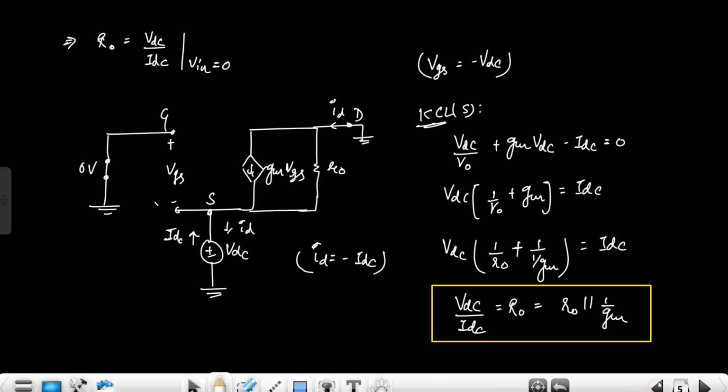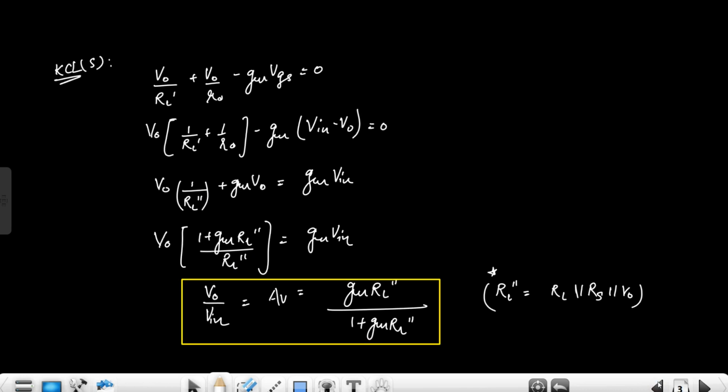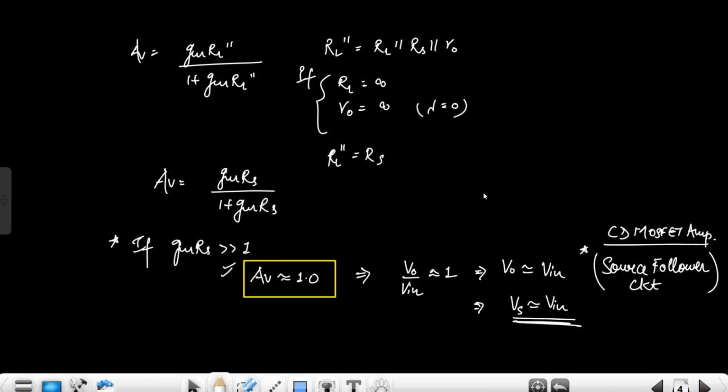So the parallel combination of R0 with 1 upon GM will be approximated to 1 upon GM, right? So this is the approximation. This is how we can analyze the AC parameters of the common drain MOSFET amplifier, the voltage gain and the internal output resistance. Okay, thank you.